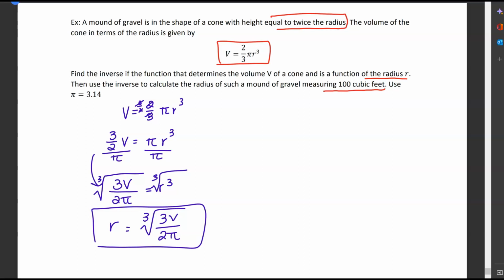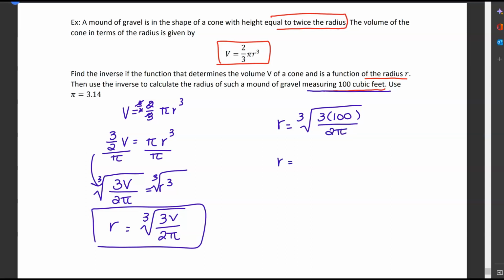So now we want to use this to calculate the radius of such a mound of gravel measuring 100 cubic feet. So 100 cubic feet, that's going to be our volume. Let's go ahead and plug that in. So we're going to get r is equal to the third root of 3 times 100 over 2 pi.